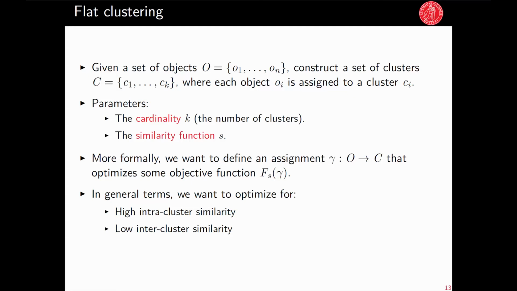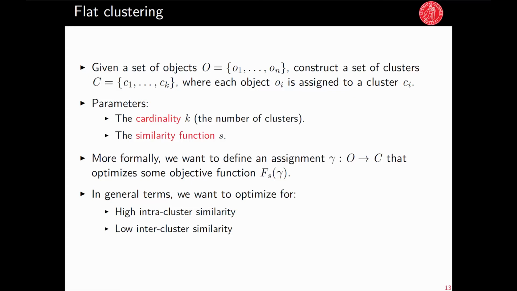So very generally speaking, the aim with a flat clustering method is that we're given a set of objects O here, and then we want to assign each of those objects to some cluster. I've used the same subscript here on both the object and the cluster C. That should be a J for the C here.